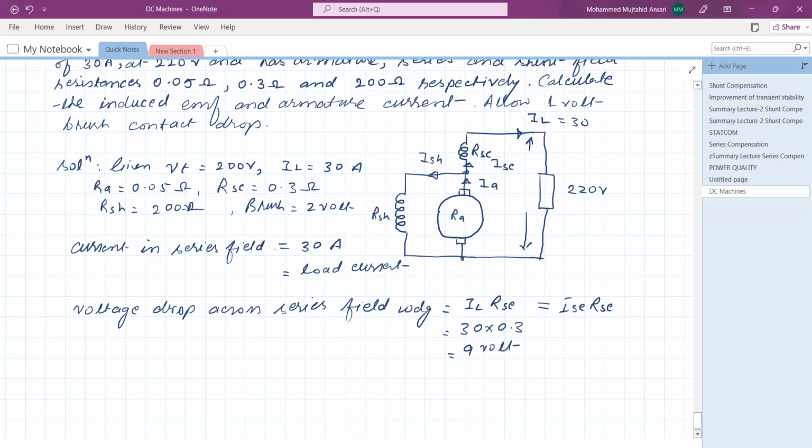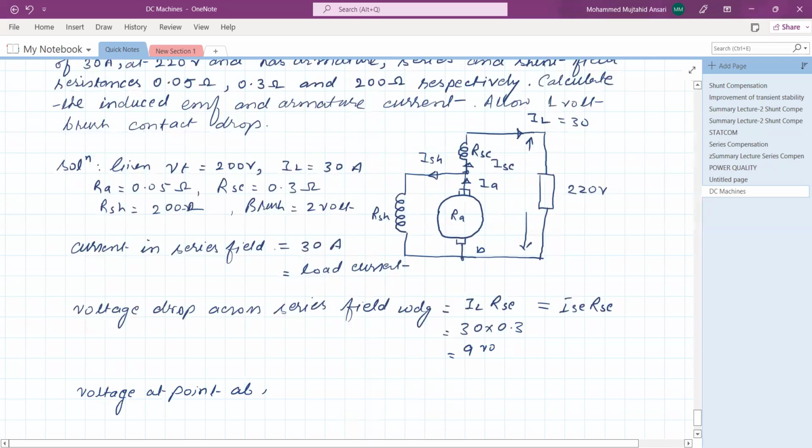So now what is the voltage across these two points? We will write this point as A and this point as B. What is the voltage across AB?